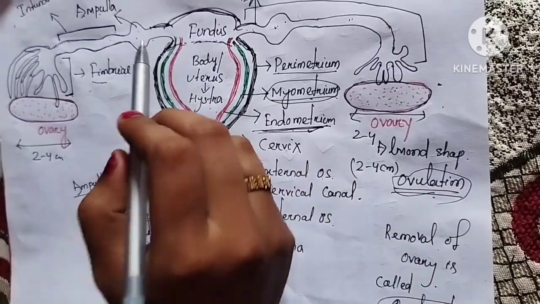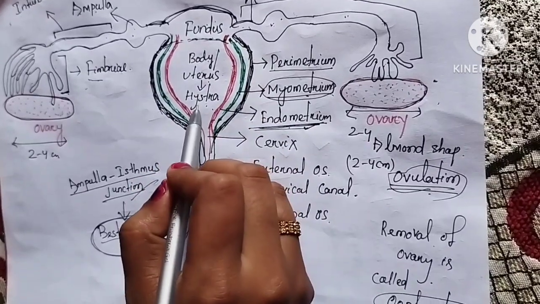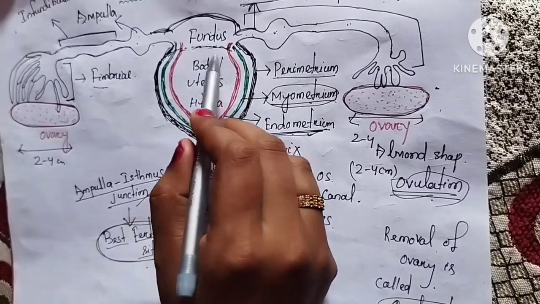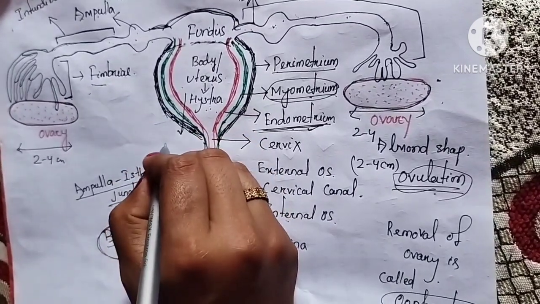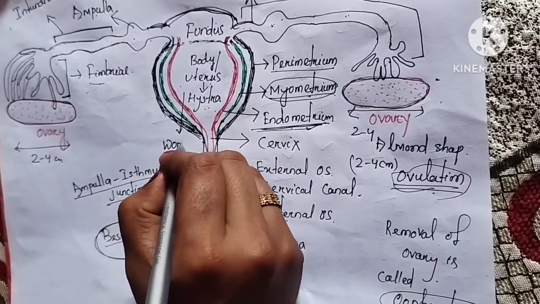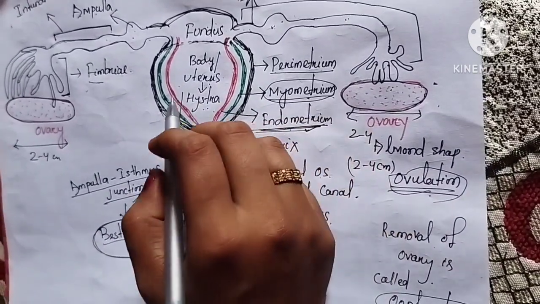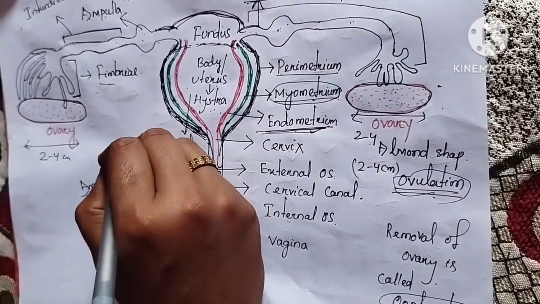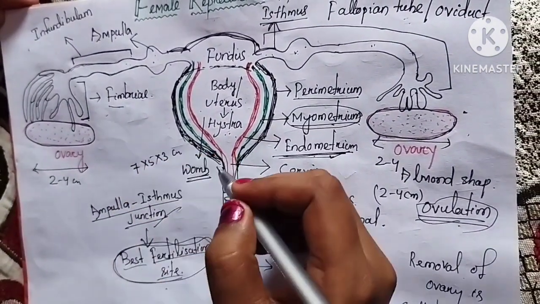The uterus has two parts, the fundus and the body, or hysteria. It is otherwise called the womb. The dimension of the uterus is 7 by 5 by 3 centimeters.